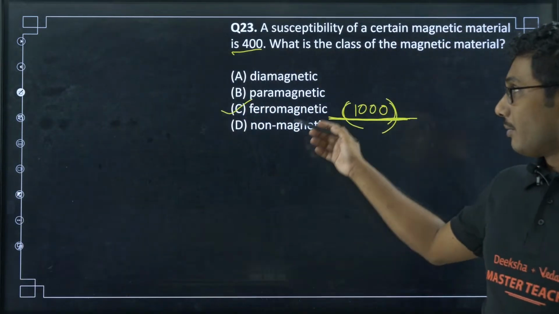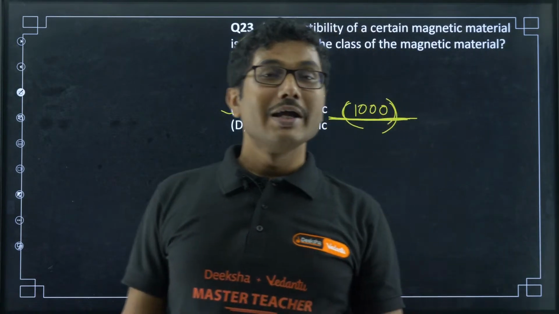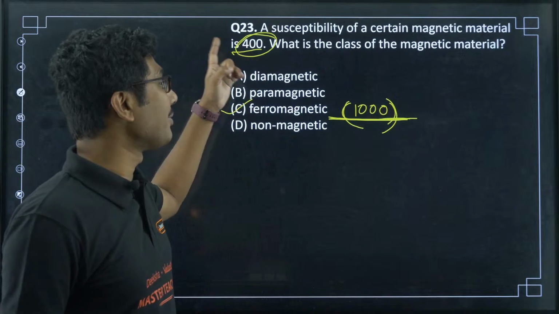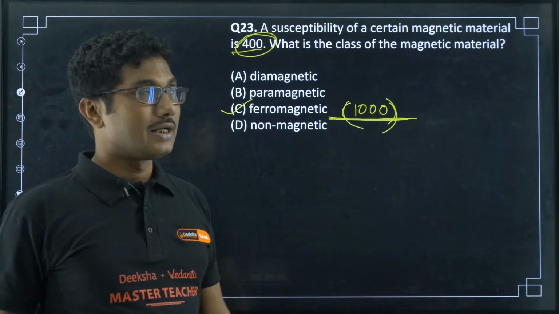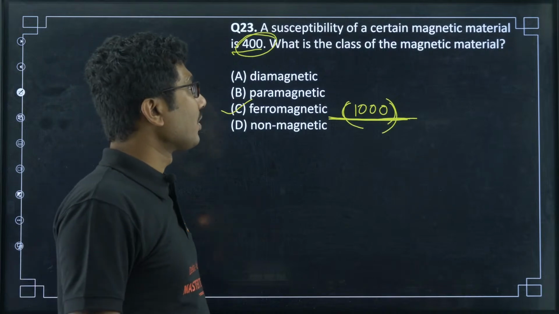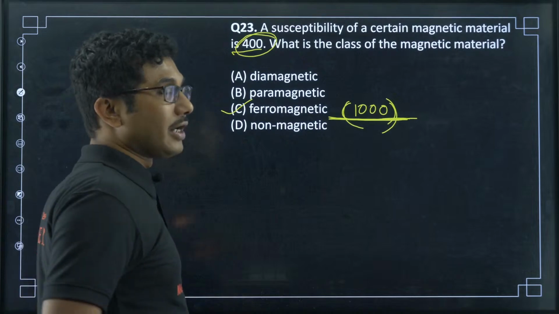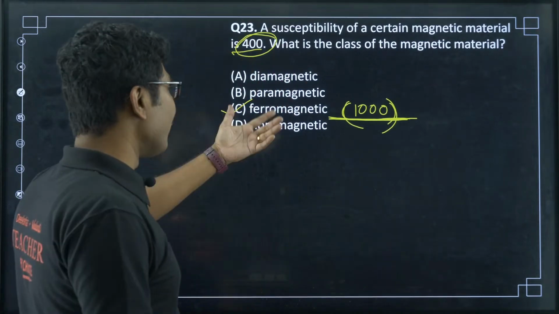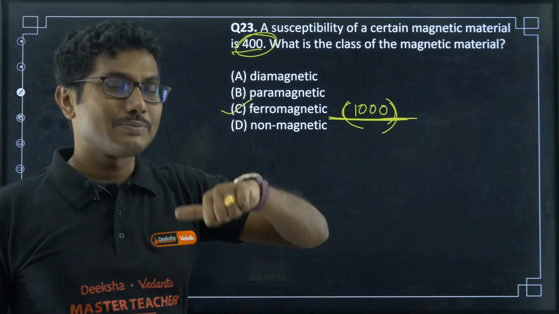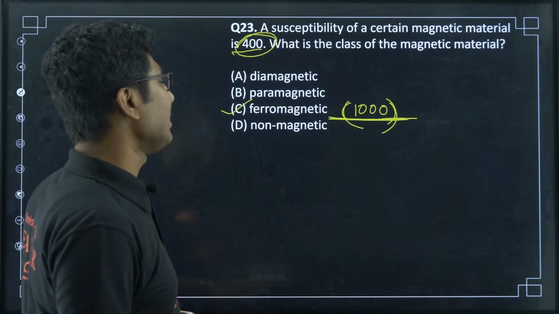I don't think there will be a material which can have a value of 400. If it has a value of 400, then it is a ferromagnetic substance where definitely all the domains are not aligned. That is the only possible case. Or it has a mixture of paramagnetic and ferromagnetic together, which is why it is not reaching the high value of ferromagnetic. Paramagnetic is pulling it down. It can be an alloy. Otherwise there is no other explanation.